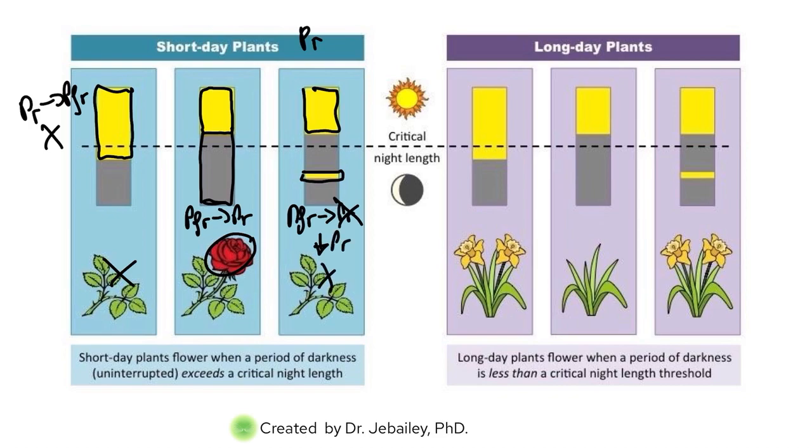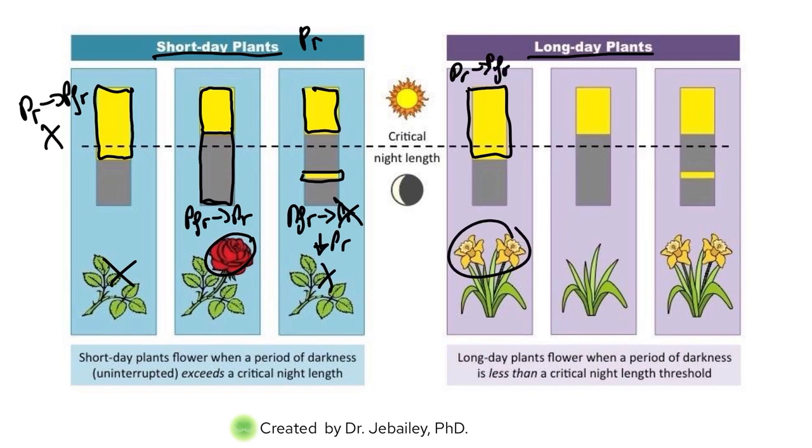So one simple light bulb turned on inside, let's say, a greenhouse can stop the entire flowering of the plant. So when a short day is a short day, it really means it wants a long night, completely dark. When it's a long day, that means they don't really care much as long as they get a long day. So here in a long day, what's happening? You're going from PR to PFR, which is great, flower.